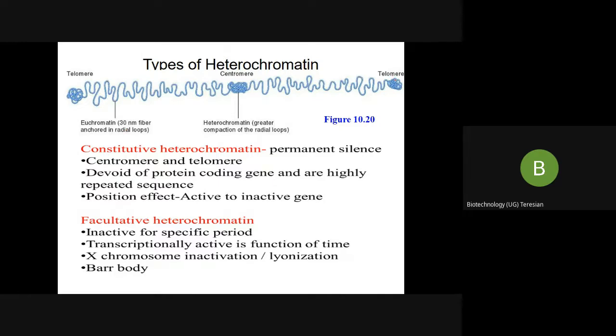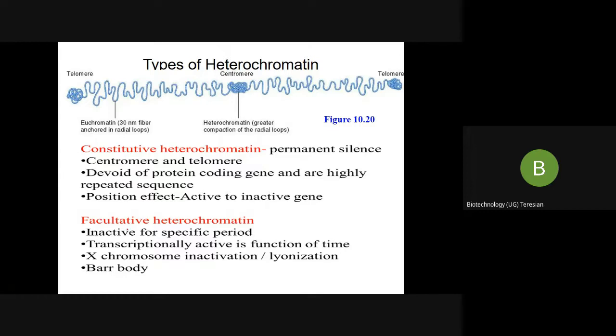So what is present in the centromere and telomere? Constitutive heterochromatin is present, which are highly tightly coiled regions. And they are prone to position effect, that is, active to inactive genes. So when they change position, they become inactive, from an active to an inactive gene.